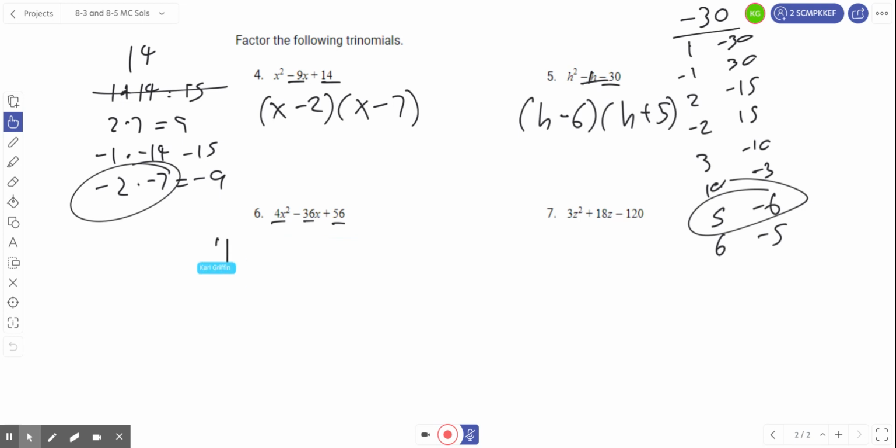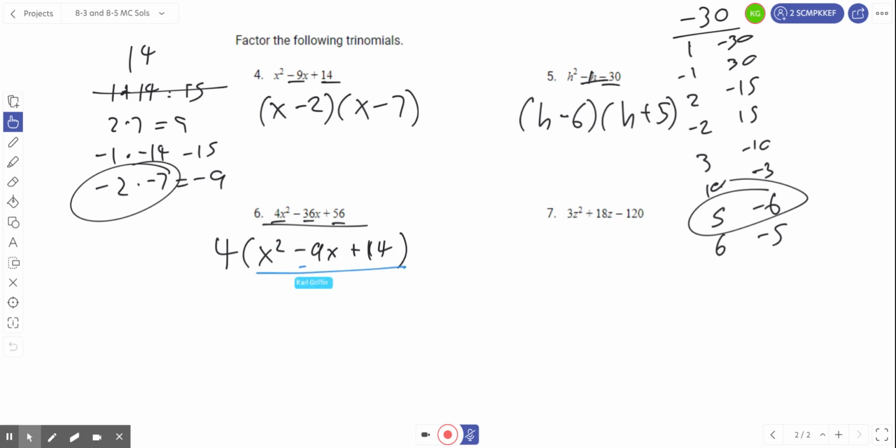So I'm going to rewrite this as 4 times x squared, because 4 times x squared is 4x squared, minus 36 is 4 times 9, and 56 is 4 times 14. So I'll rewrite this as 4 times that stuff. Now, if I distribute this 4 back in, I would be left exactly where I started, so I know these are equivalent expressions. Now, I can just worry about factoring this inside part.